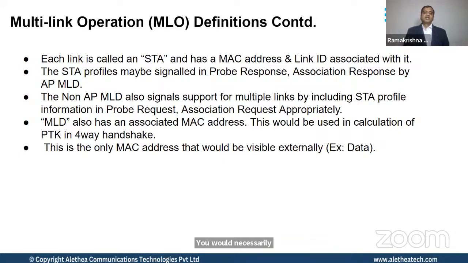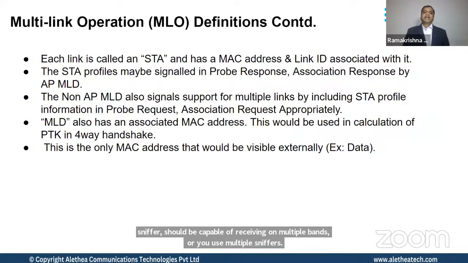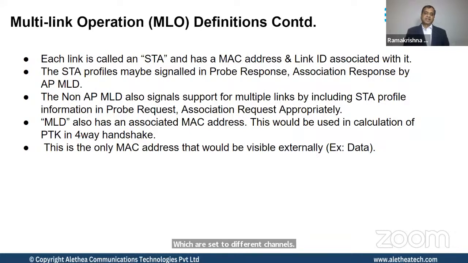Your sniffer should be capable of receiving on multiple bands, or you use multiple sniffers which are set to different channels and get the traces and probably merge them if you want, or even analyze them separately. So this has become a requirement to analyze multi-link operation traces.